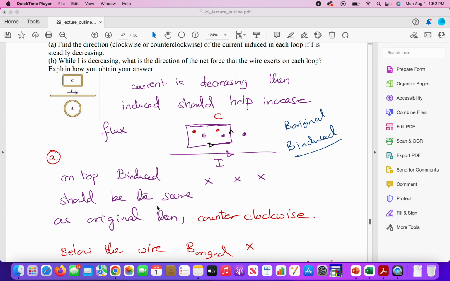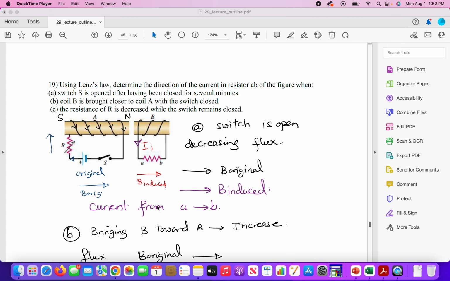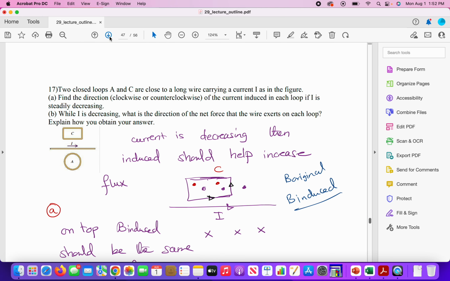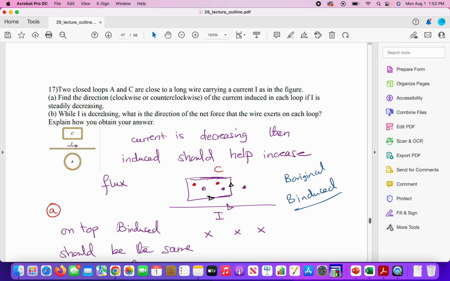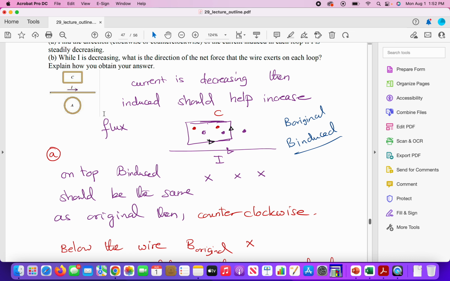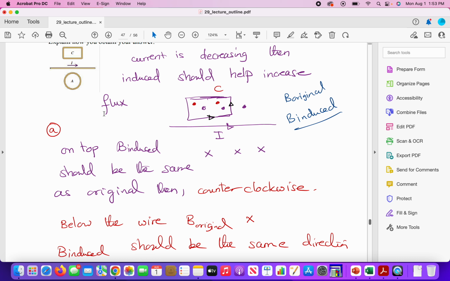Below the wire we have the loop A, and therefore I will say that this is really a cross, meaning it is into the page.